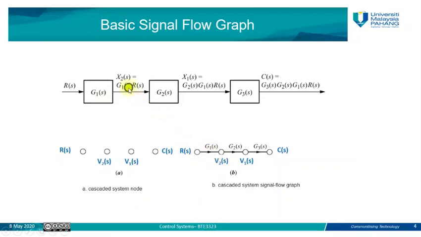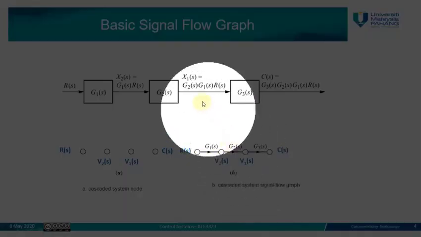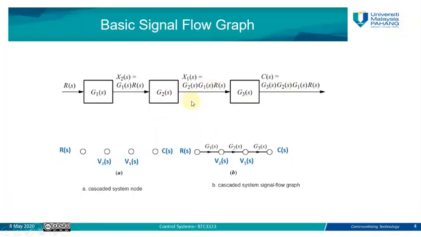Then between this node and the next node, after the subsystem G2, the gain will be G2. Then from this node to the output, we have another subsystem transfer function, G3. So here we have 3 branches and 4 nodes. This will be the signal flow graph representation of the above cascade system.